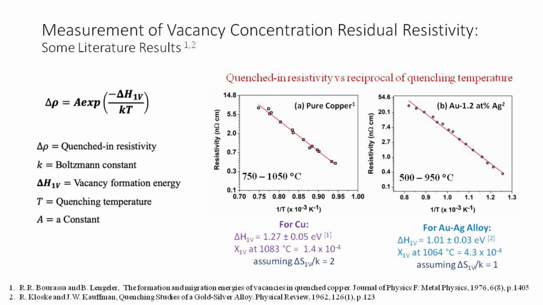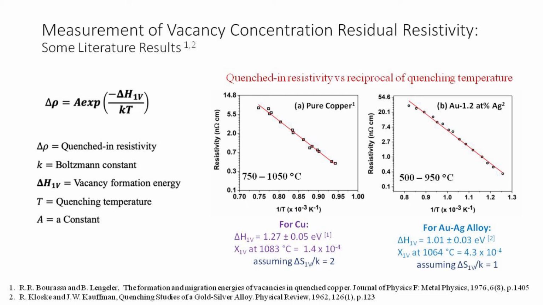Another example is from the work of Klauske and Kaufman. They measured the residual resistivity in the temperature range of 500 to 950 degrees centigrade. This was the quenching temperature in a gold alloy containing 1.2 atomic percent silver, and they obtained in this alloy delta H 1 v to be 1.01 electron volt.